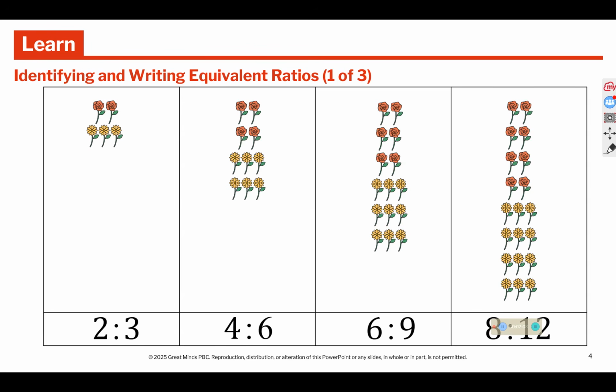Equivalent ratios can be built by filling in that tape diagram with different numbers. So 2 to 3, if we filled in each of the boxes with 2, 2, 4 roses would be there. If I filled in the 3 boxes for the daisy with 2, 2, 4, 6 daisies would be there.